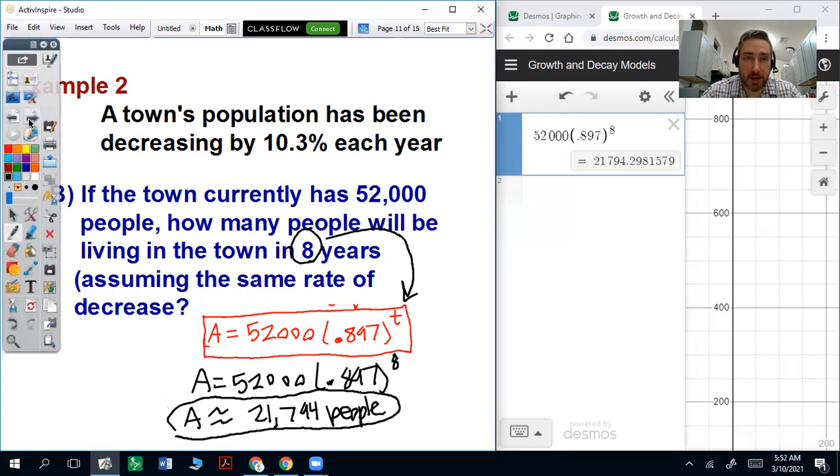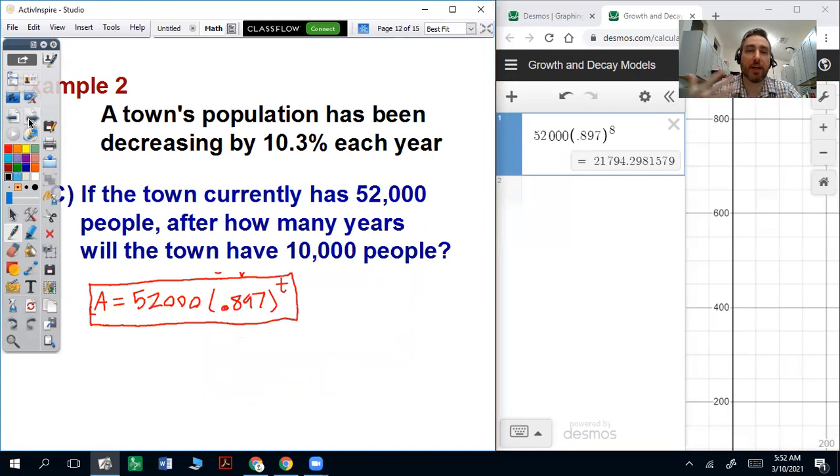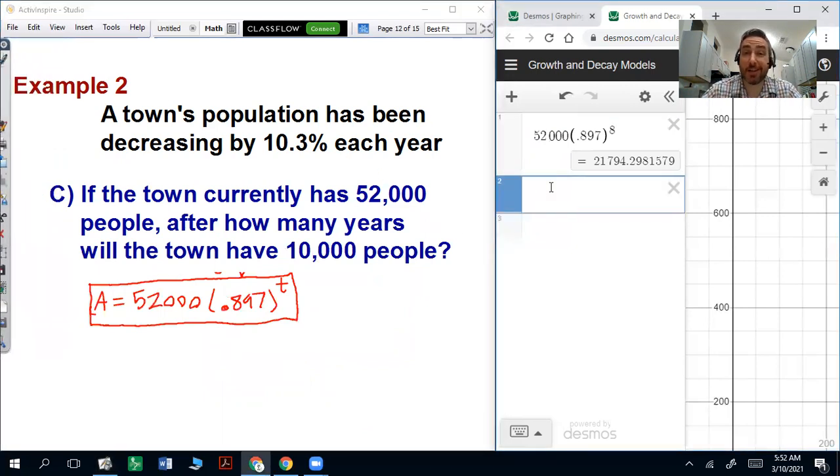Now let's analyze trying to figure out a time. So we want to know how long is it going to take to reach 10,000 people. So like we did in the previous example, you could guess and check. So you might say, let's try 20. All right, 20 years is too large, so maybe 12.